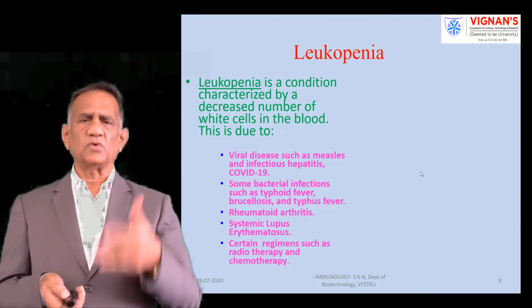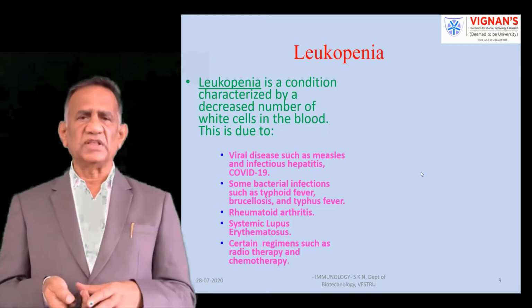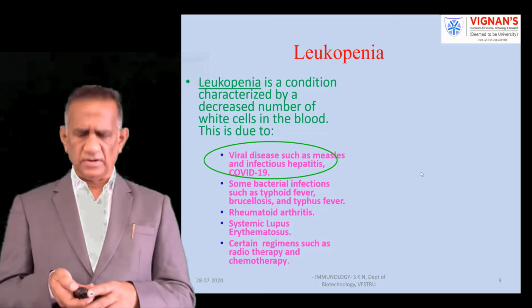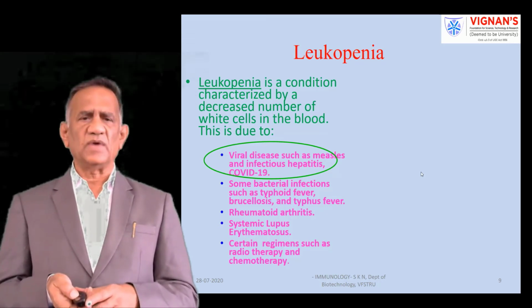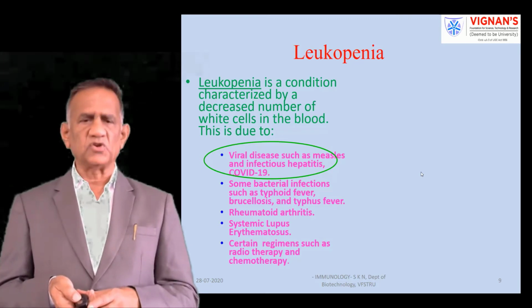So the people who undergo radiotherapy and chemotherapy for cancers also have a reduction in the blood cells. This is why, particularly in COVID-19, the doctors are advising that there is a decrease in the blood cell count, leukopenia.